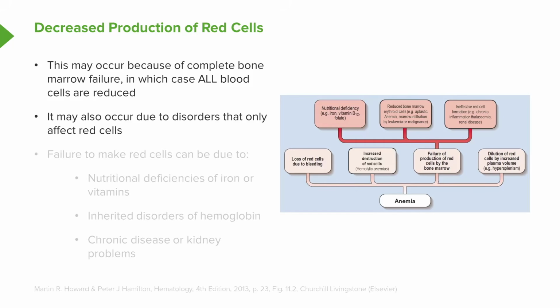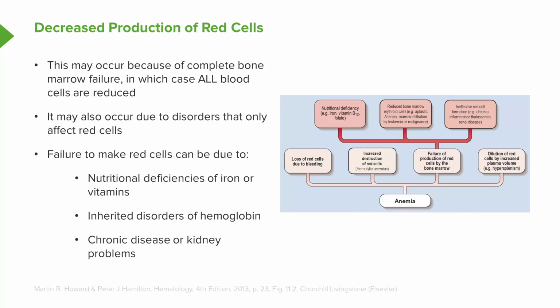Or the reduction in red cell production can be specific just to red cells. And that can be due to factors such as nutritional deficiency of iron and vitamins, which are needed for hemopoiesis. It can occur through inherited disorders of hemoglobin, or due to chronic diseases or kidney problems. We'll discuss these in a little more detail.